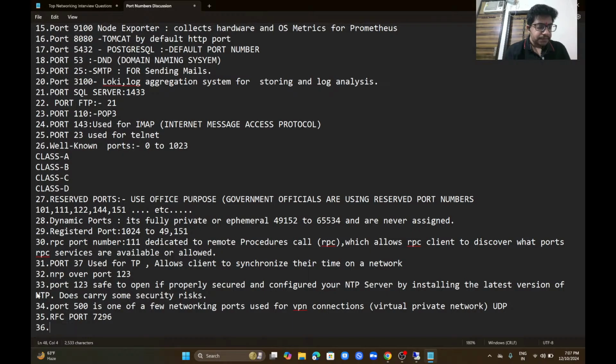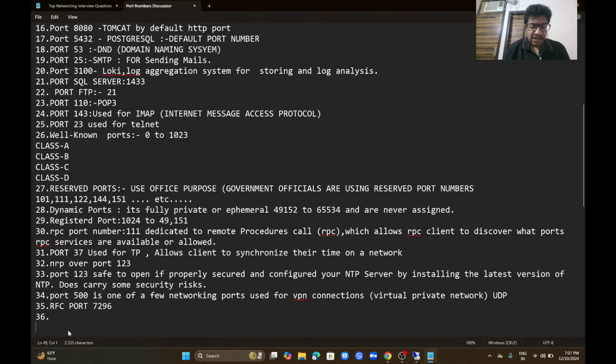Okay, these are the main protocols we are using. SSL VPN is 443. You all know everything about this. These are the main protocols.